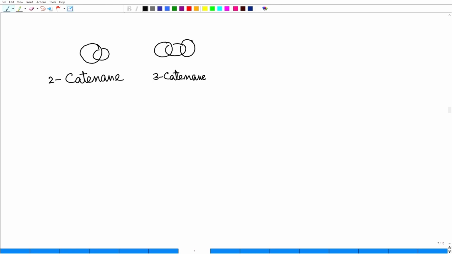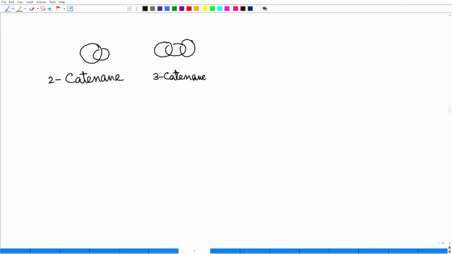So, I can make 2-catenane, 3-catenane and N-catenane. I can keep on making catenane structures.